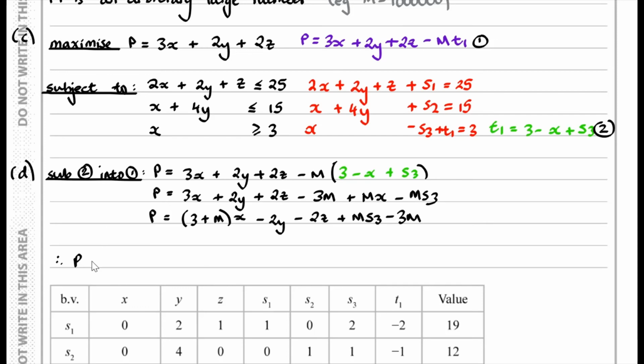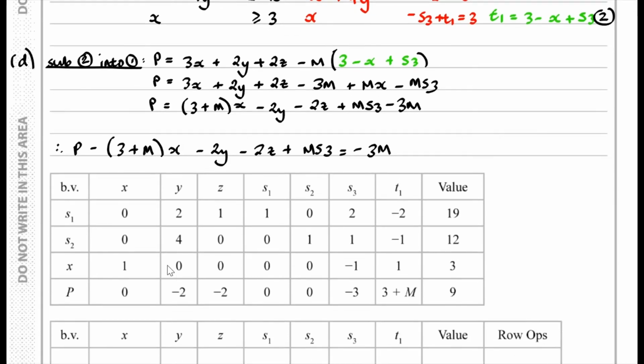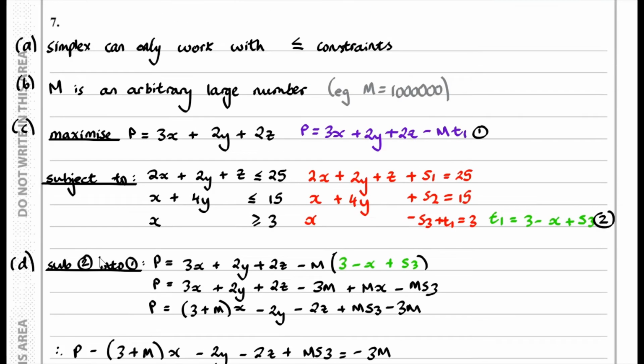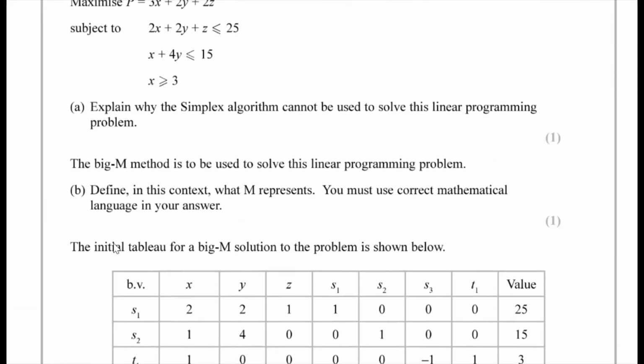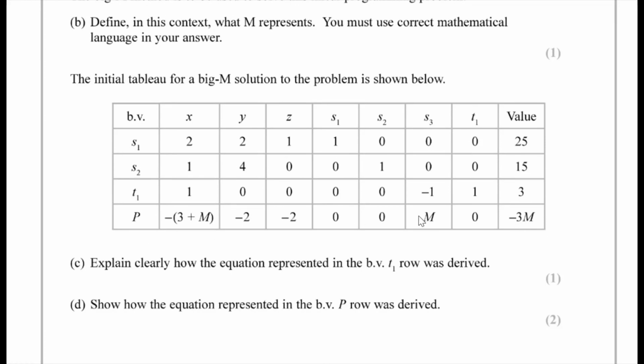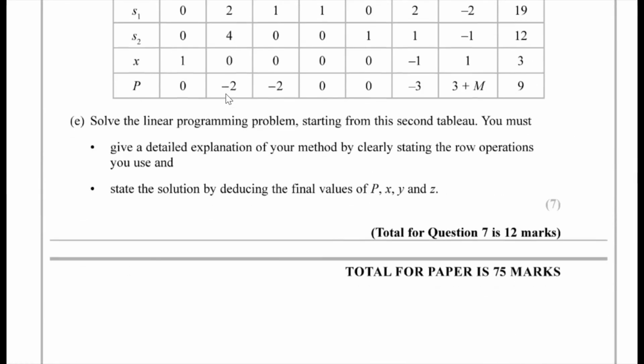Now, we can therefore conclude that we have P minus (3 plus M) lots of x, minus 2y minus 2z plus Ms3 equals minus 3M. And essentially, we put this into what we have over here. That's consistent with this initial table. Okay.